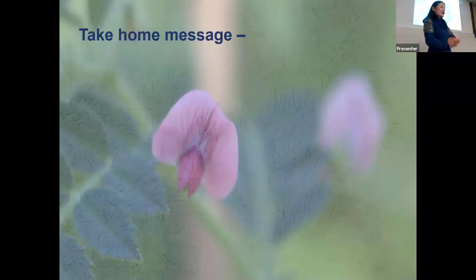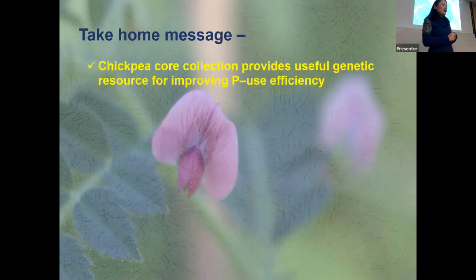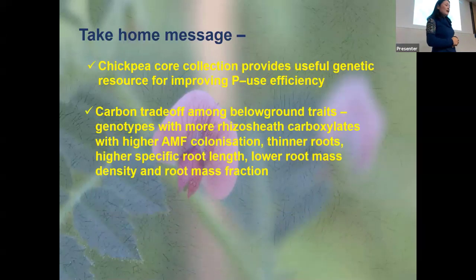So this is my last slide, the take-home message. Firstly, I would like to say that the chickpea collection provides very useful genetic diversity. It can be used as a very valuable source to improve phosphorus use efficiency. And there are carbon trade-offs among the below-ground traits.